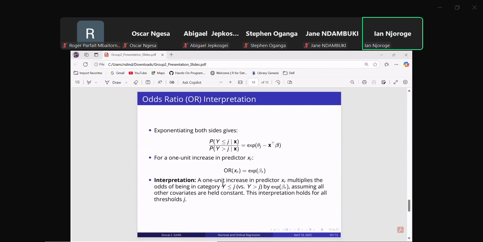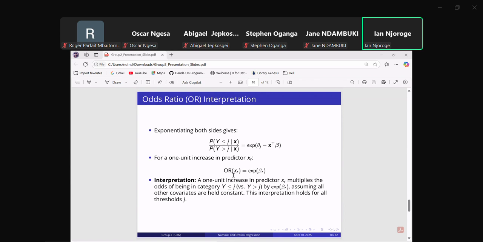We can eliminate the log by exponentiating both sides, and we get the equation above where we have removed the log from each side and introduced the exponential.